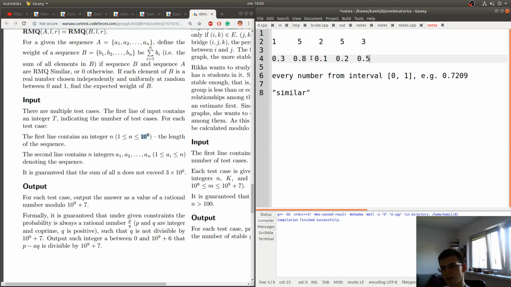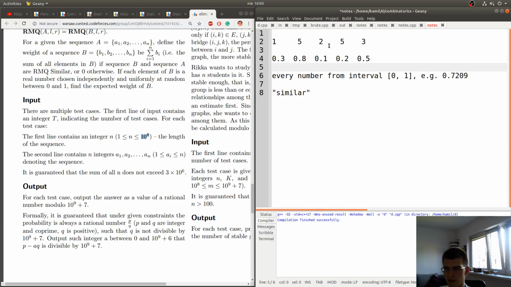So the similarity means for every interval of indices, for example, for this interval or for this interval, if we find the biggest number in this interval, breaking ties by taking the first number of them, then in the second sequence we would get the same place.